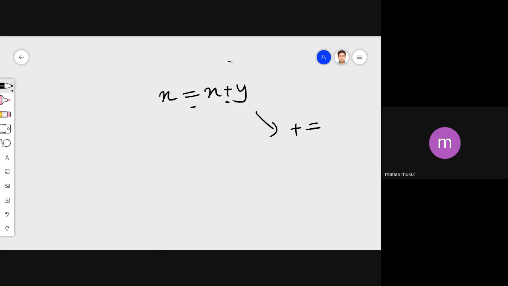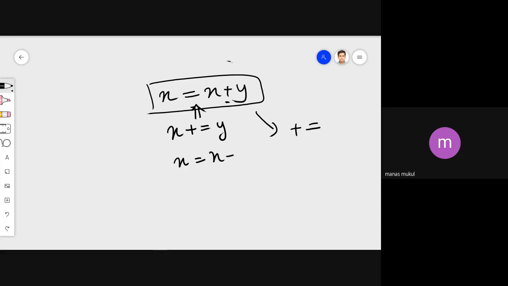So if I write x plus equal to y, the meaning of this is x is equal to the same x plus y.